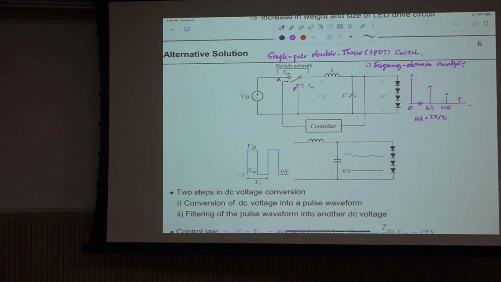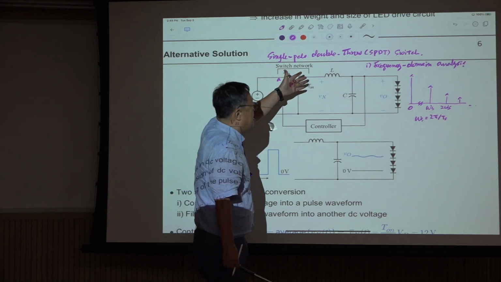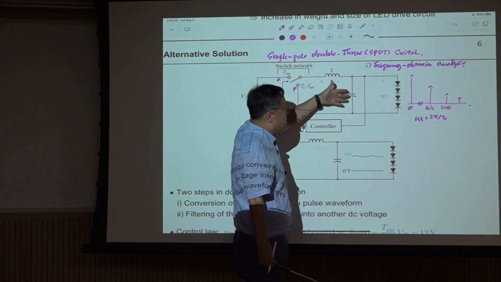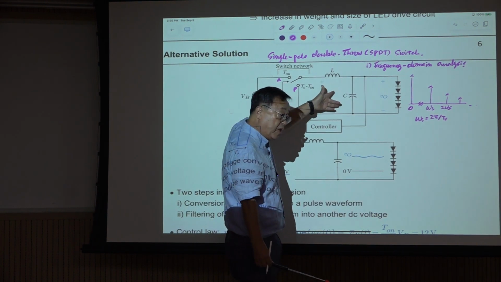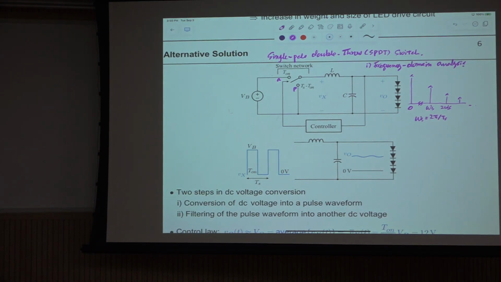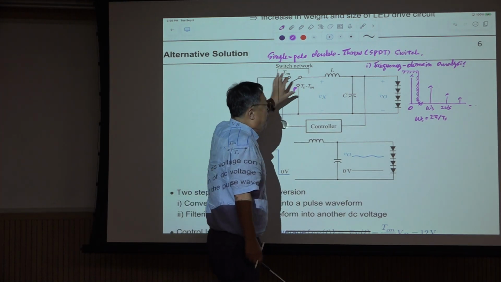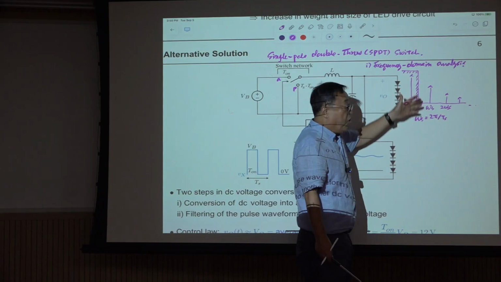If this filter is ideal, that means L is infinite, or C is infinite, or both of them are infinite, then you have this kind of filter characteristic. Only the DC component passes through from here to there, unaltered.